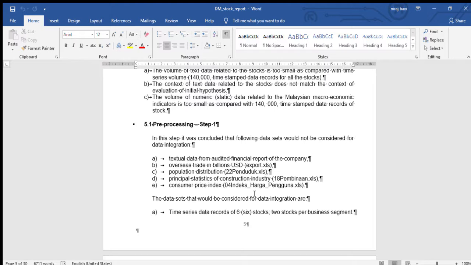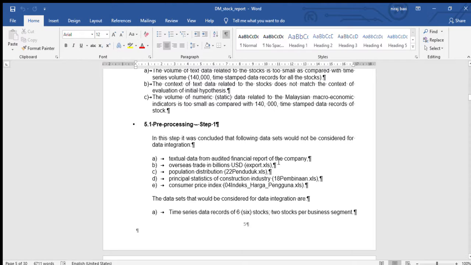So we wanted to integrate these static data together with the time series data in some shape or form to see if it can add value. What we realized is that the data is so thin, low density as compared to 140,000 timestamps, that numerically or computationally it is very difficult to integrate these two parts in any sensible form that can add value in the knowledge discovery.